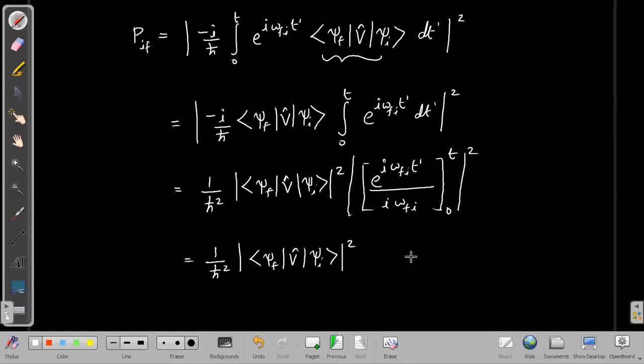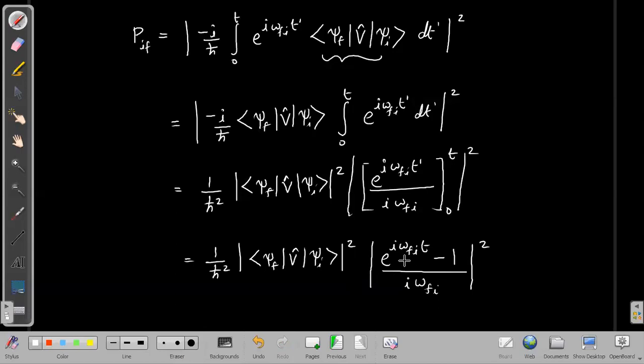If you put this limit, what you'll get is e raised to i omega_fi t minus 1, all divided by i omega_fi, the mod square.